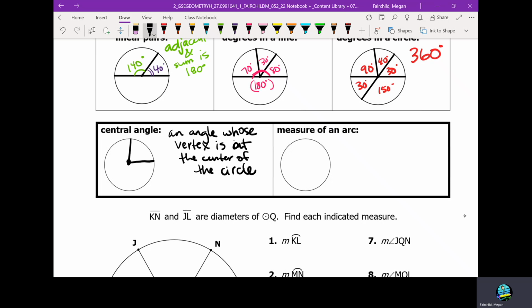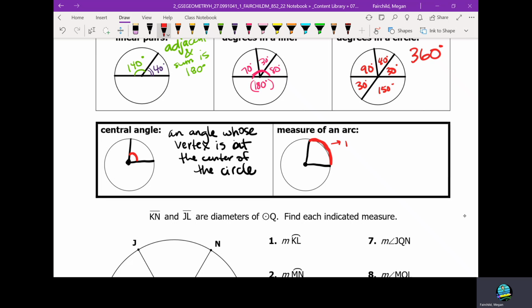So this is the angle right here. When we deal with central angles, we will also talk about arc measures. And an arc is the length of the circle where it touches the ends of that angle. Does that make sense? I don't know how else to describe it.